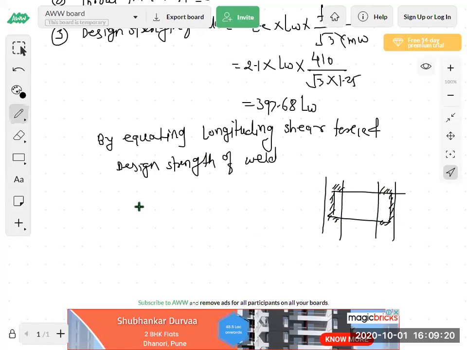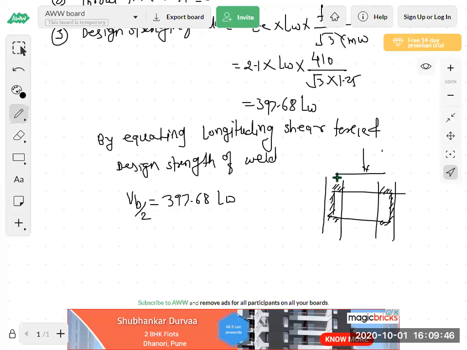So in this way, now we have to longitudinal force. How much longitudinal force is? Now this is VB. Longitudinal force is nothing but VB. So VB is equal to how much? 397.68 LW. Are you getting? So but this VB is the total longitudinal force. So again we have to divide by 2 because we have to calculate the length for one side only. Are you getting, everyone?